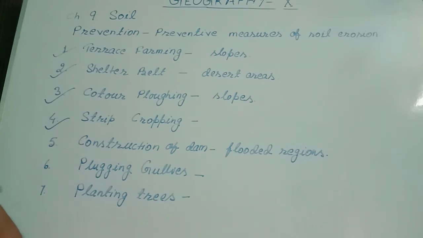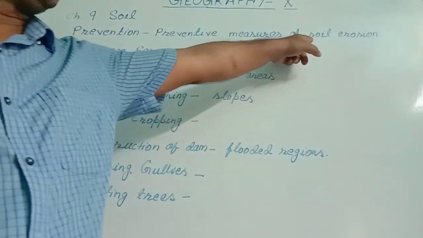There are several purposes of dams. First of all, and the most important, the flowing of water is controlled so that soil erosion can be checked.